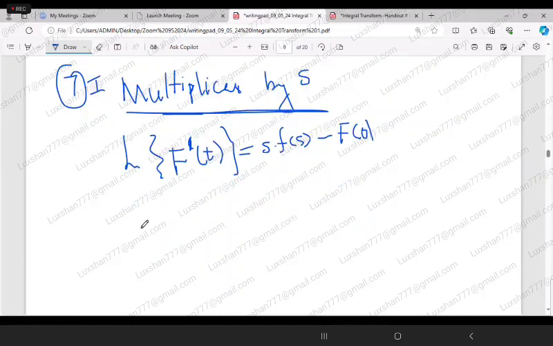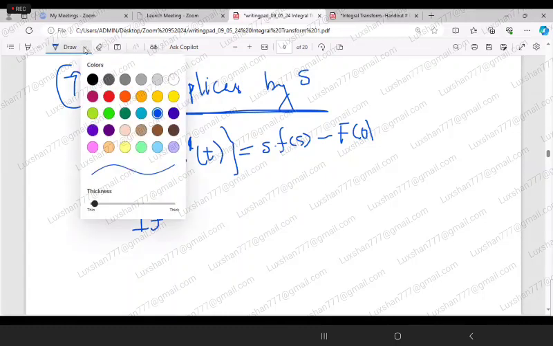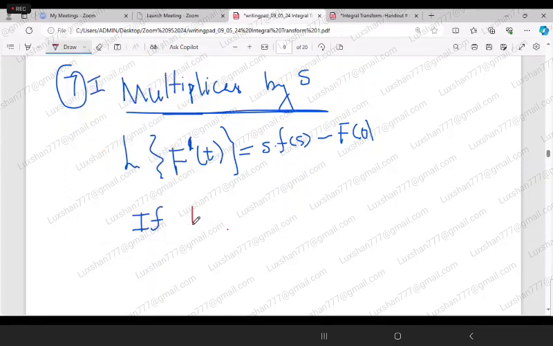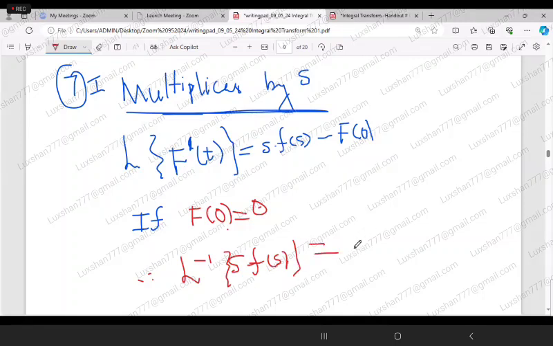Therefore, if capital F(0) is equal to 0, this part vanishes, and then you can say that the inverse Laplace transform of s into F(s) equals f dash t.